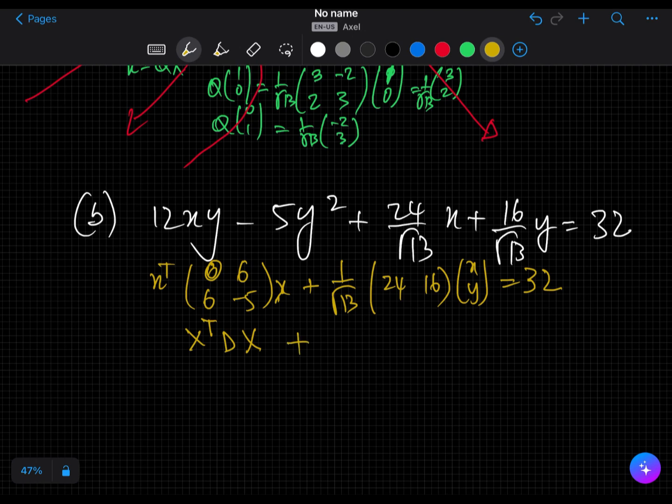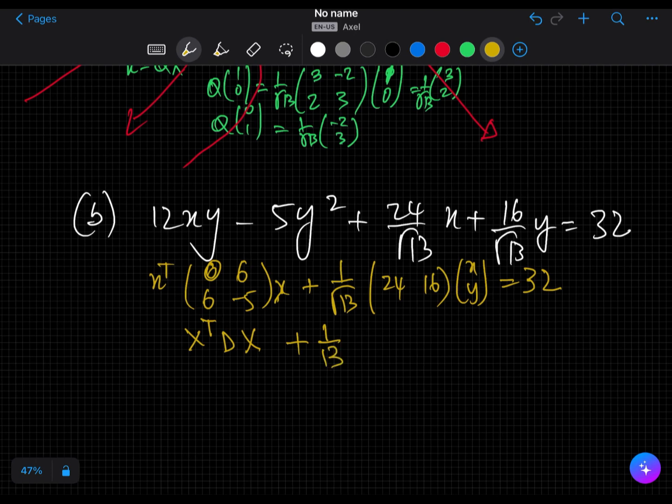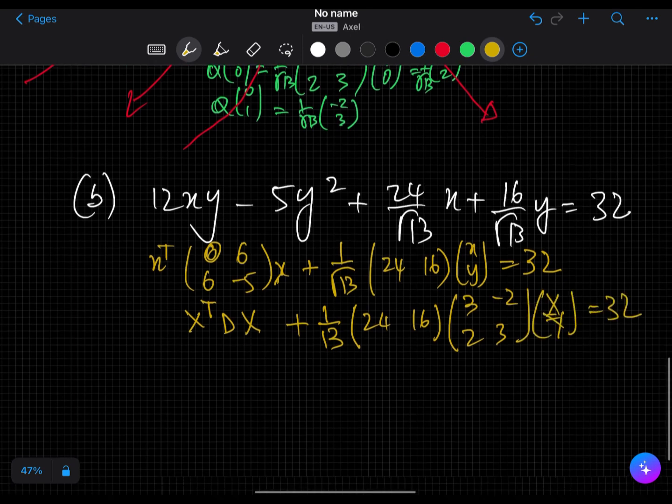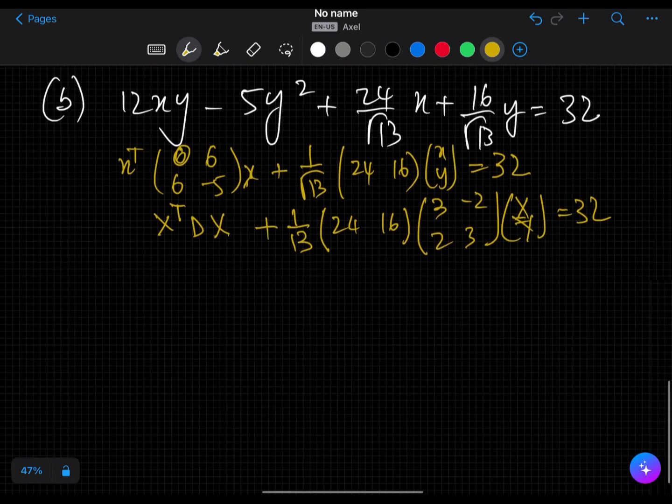And plus, now this term here, if you also do all the simplification, it will be 1 over square root 13 of 24, 16 times 3, 2, minus 3, 2, x, y equals 32, right?